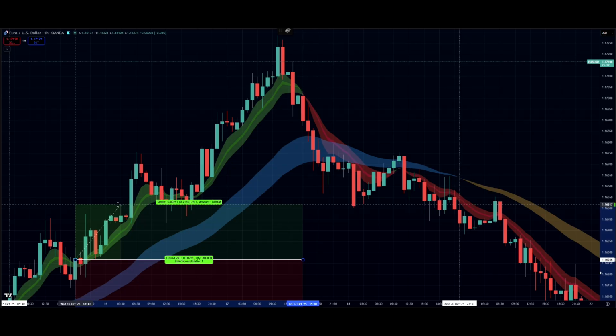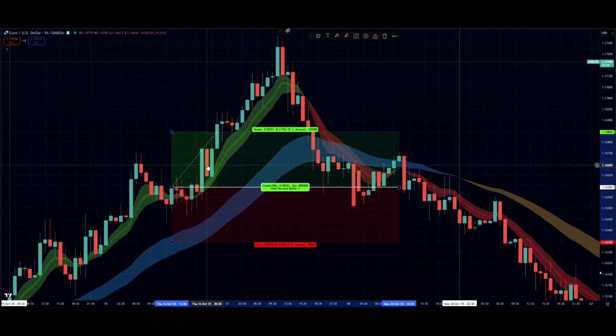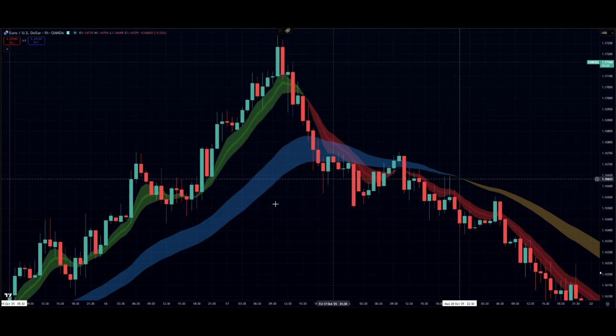There is an exit here, which is 25 pips. But again, an entry is there as well. So let's say we entered, then this would be a separate trade. But if we kept that, it would be a completely same trade. So it depends on the execution here as well. But essentially speaking, it's still in profit, and there's no reason to exit that yet.